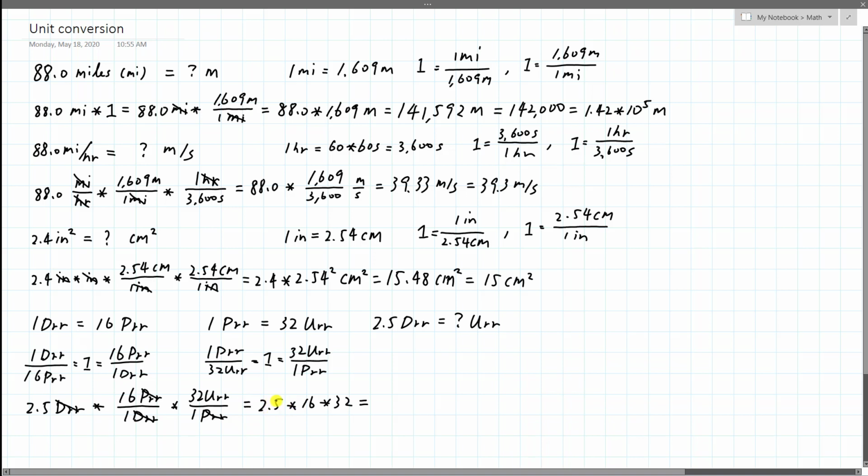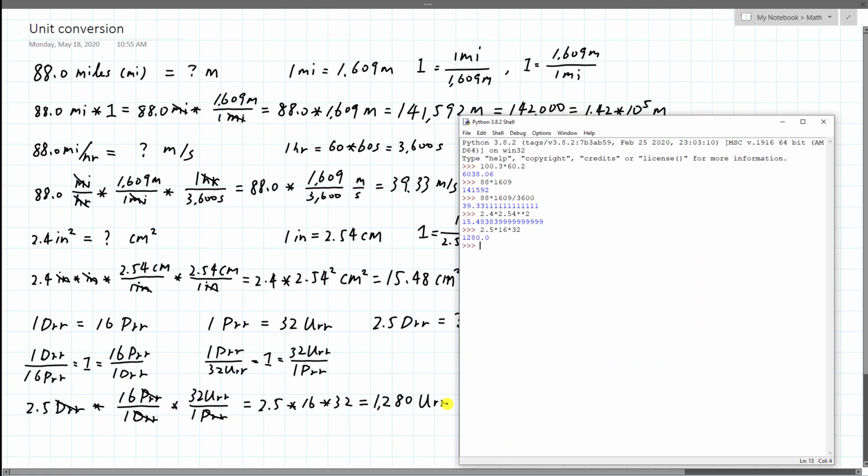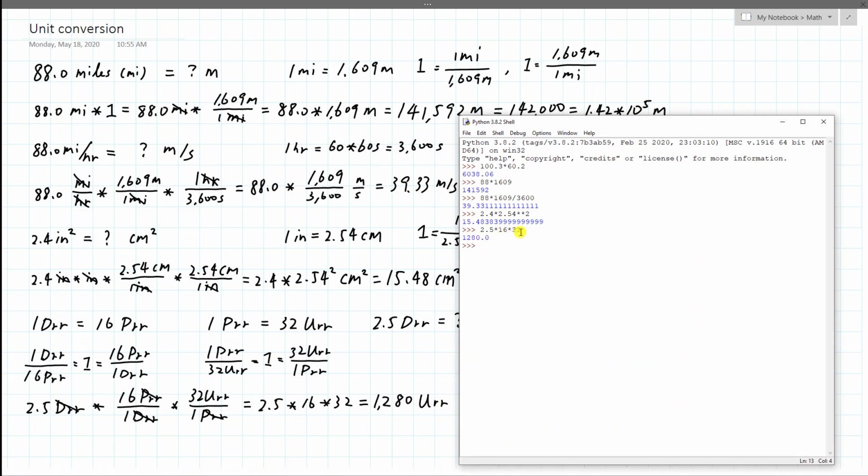Half of that, 512, is 256. You add 1024 with 256, you end up with 1280. So this time I did it right. I just didn't do it right behind the screen. And pop in the calculator, we have 2.5 times 16 times 32, and that's equal to 1280.